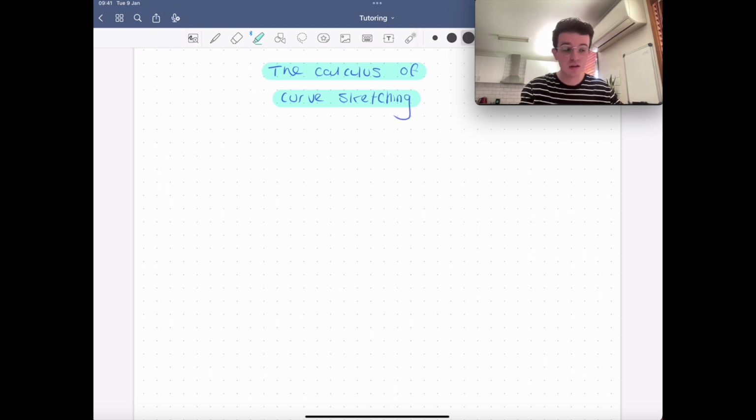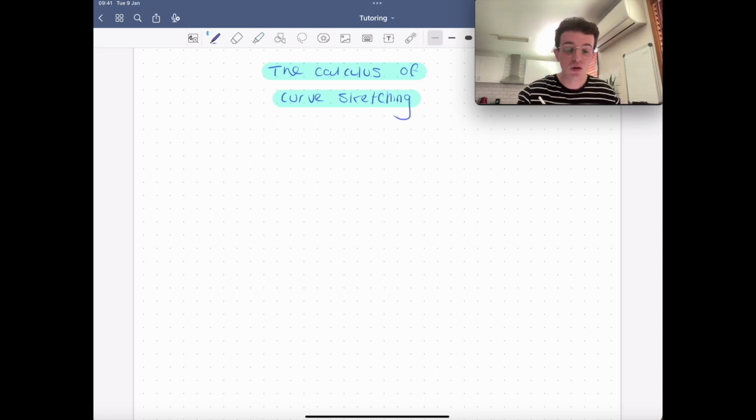And in a similar way, since acceleration is the rate of change of velocity, then acceleration is the derivative of velocity. And at the same time, since velocity is the derivative of displacement, that means acceleration must be the second derivative of displacement.